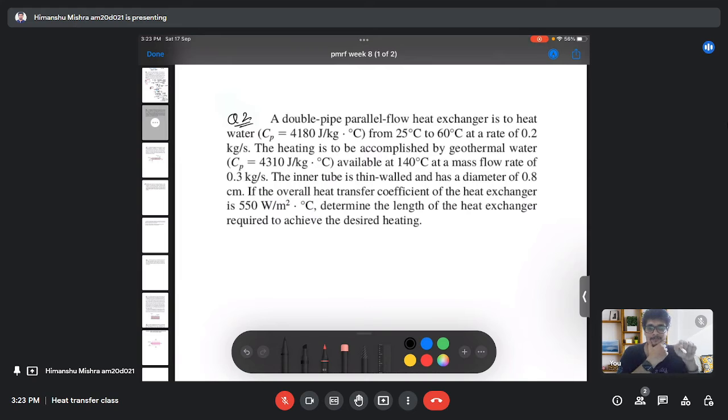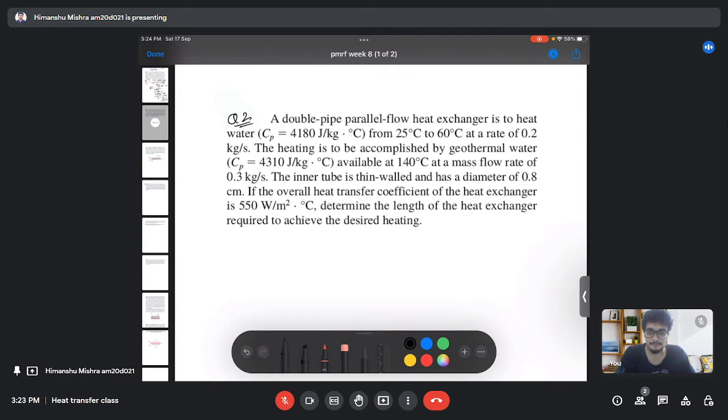Once we know the heat transfer, using Newton's law of cooling and the overall heat transfer relation, we can find the area or the length of the desired system.